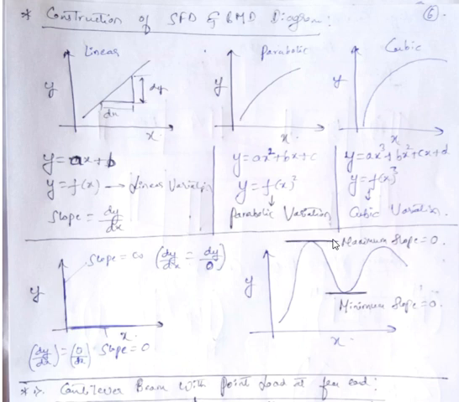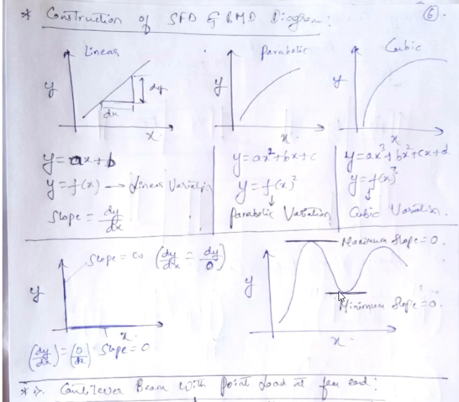It is a horizontal line. For a horizontal line, we know that slope is equal to 0. So for the maximum point of the curve, slope is always equal to 0. Now come back to the minimum point. This is the minimum point in the curve.